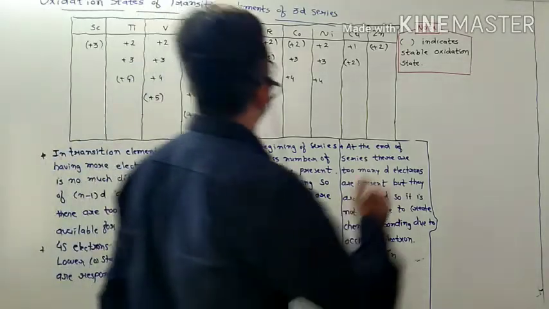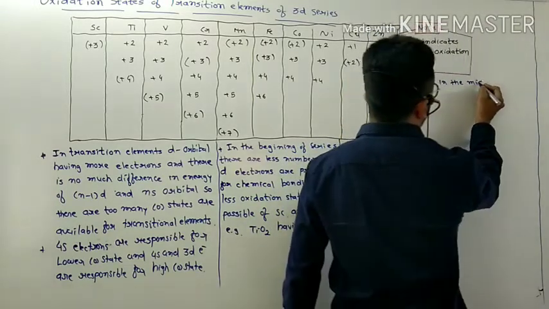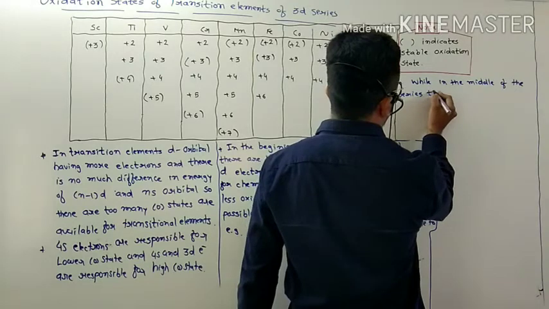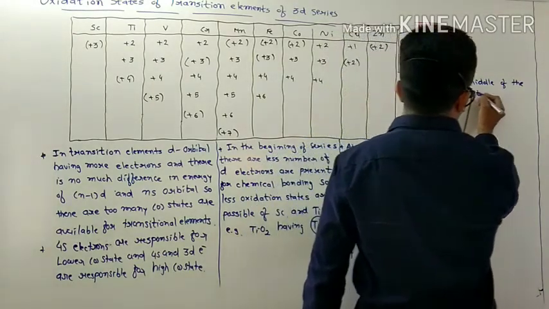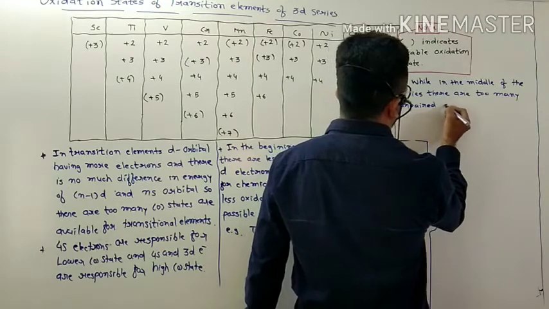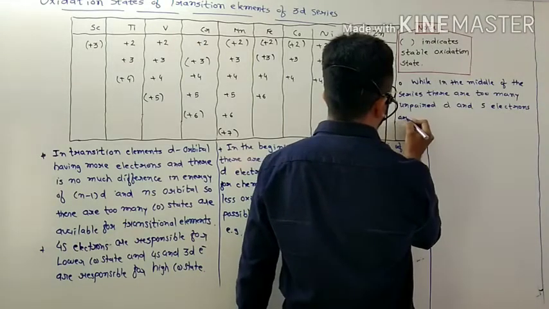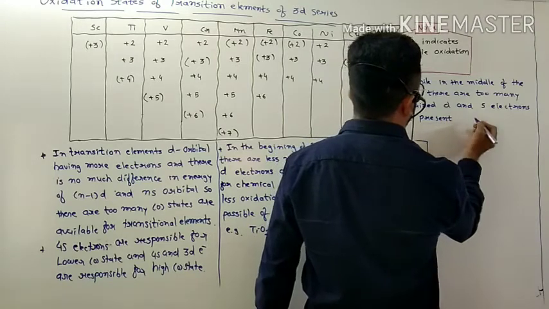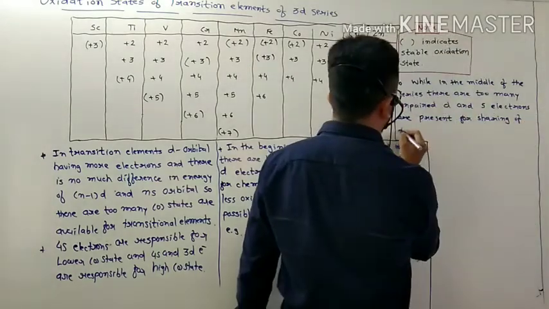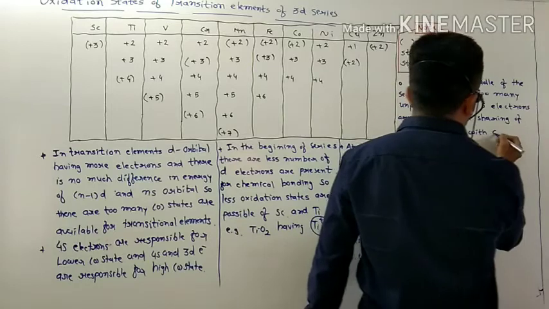Why? Just see the reason here. In the middle of the series there are too many unpaired d and s electrons present for sharing their electrons with other atoms.